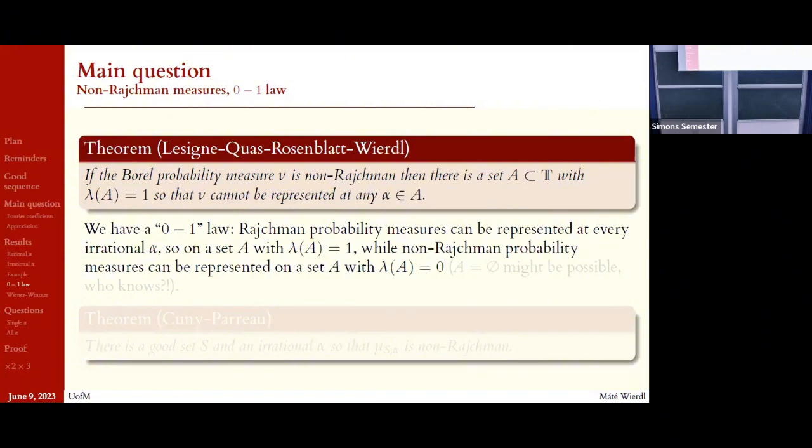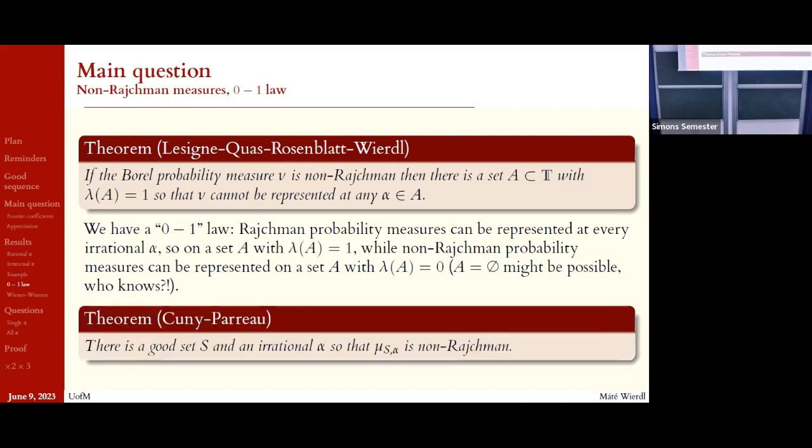Or rather, could be represented, because it's possible that A is the empty set, which means that a non-Rajchman measure cannot be represented anywhere. That's a possibility, and we don't know whether that's the case.